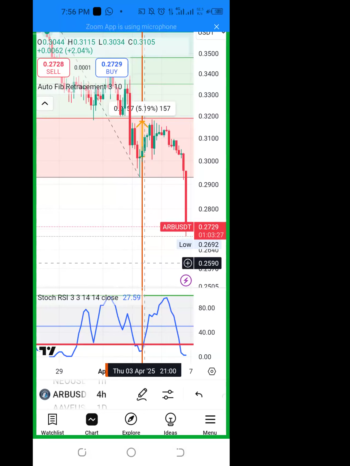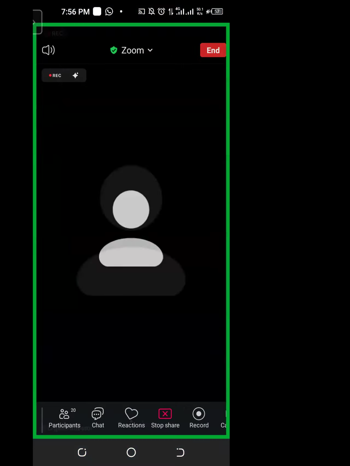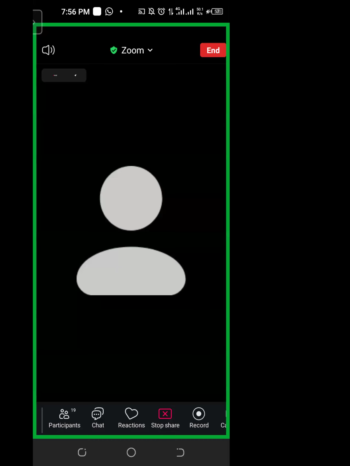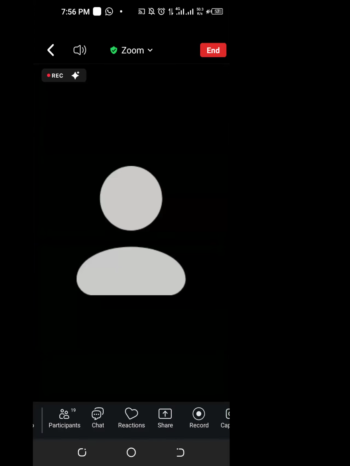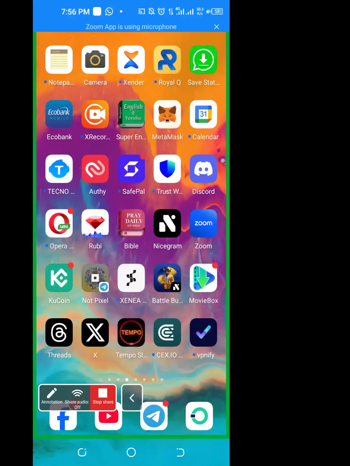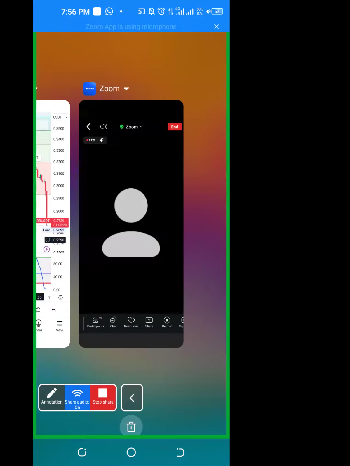Where's my line? Don't go. Sorry. At any point in time that the stochastic line goes far below the last line, that means it's really oversold, and it turns up, then the coin will start moving up in price.